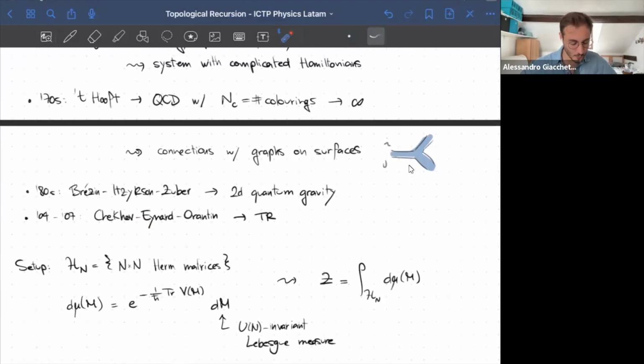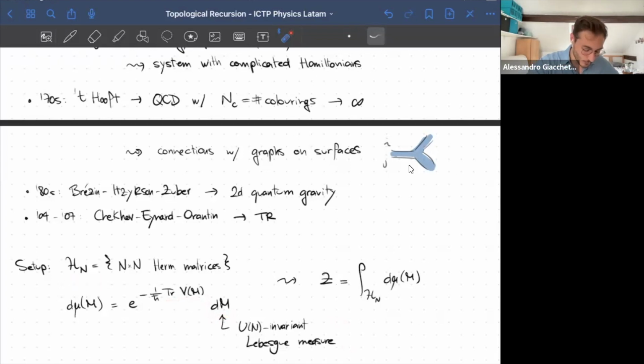So the setup I want to consider in this case is the following. You take H_n to be the set of n times m Hermitian matrices, and you consider a measure dμ, which is the exponential of -1 over ħ trace of a certain potential that I will call V, times dM, which is the standard Lebesgue measure that is U(N) invariant on the space of Hermitian matrices.